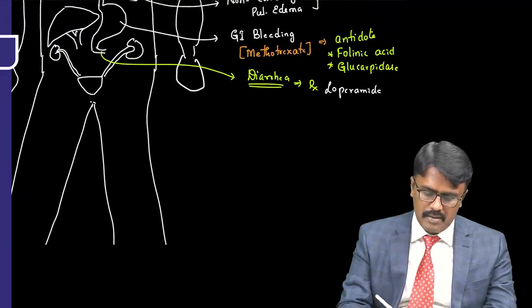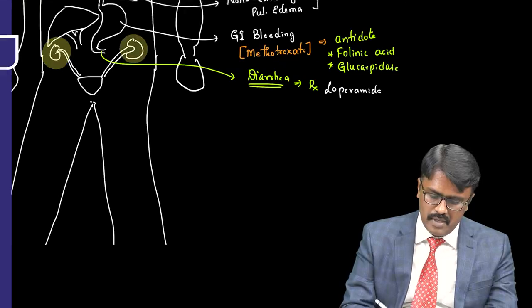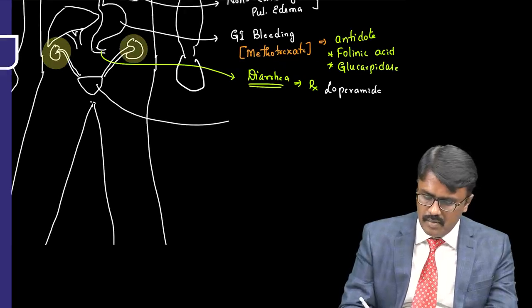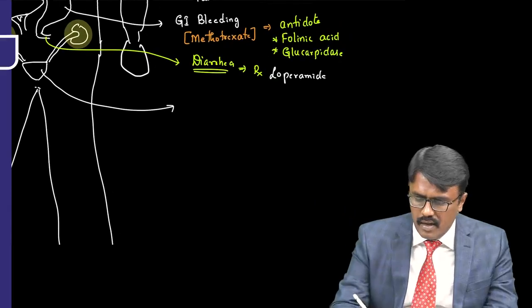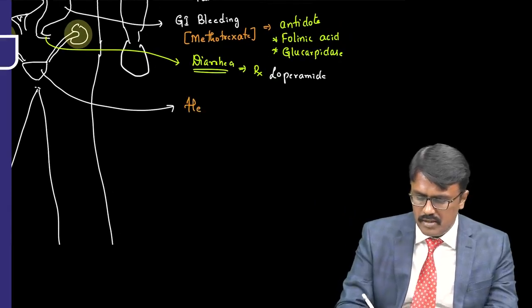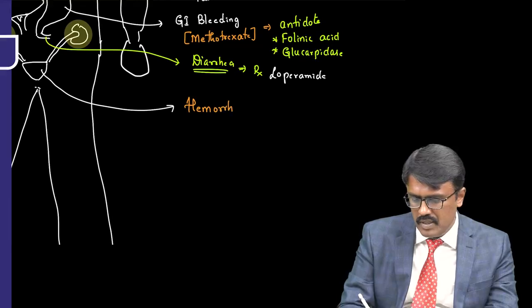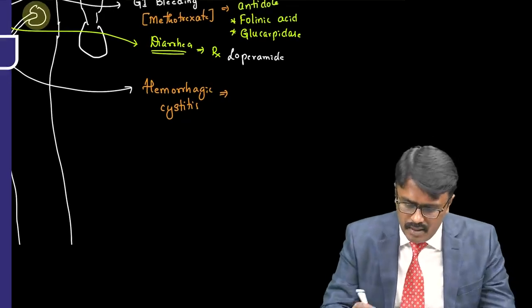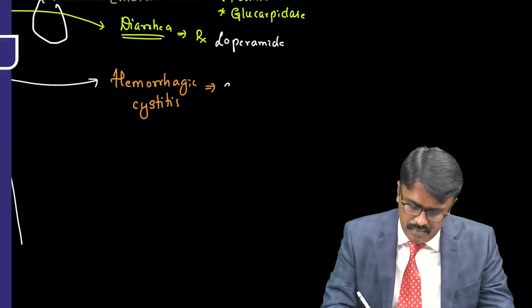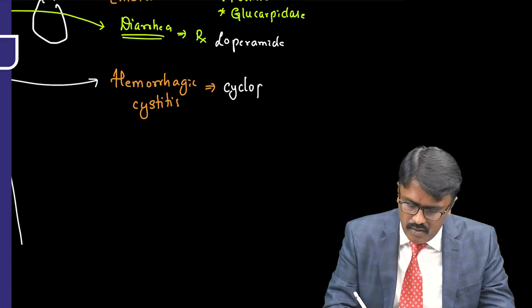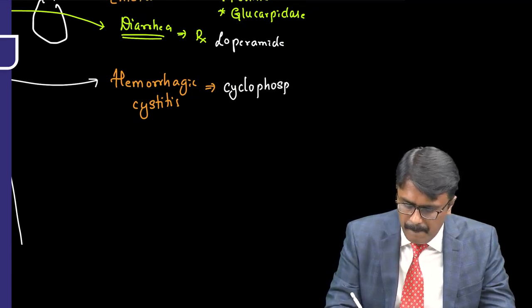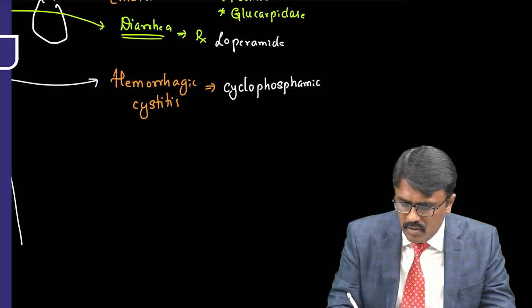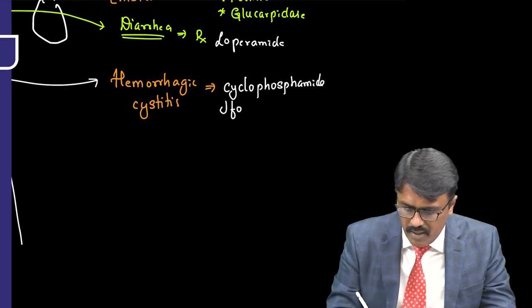Now coming to the bladder, you can see the kidneys here. In the bladder, the problem they ask you about is a condition called hemorrhagic cystitis. Now, can you tell me what drug is responsible for that? The drug responsible for that is cyclophosphamide, and one more drug is called ifosfamide.